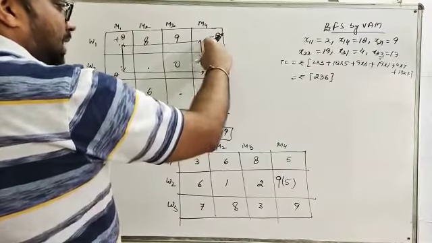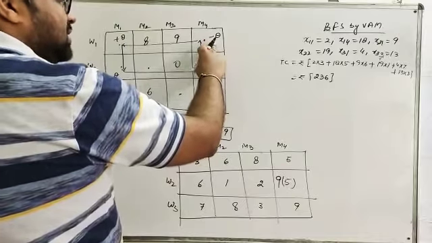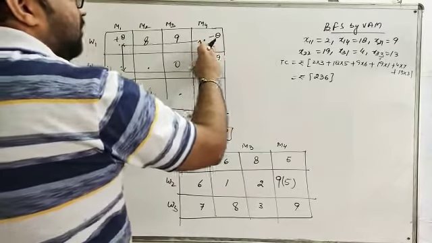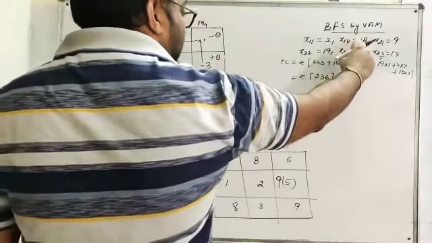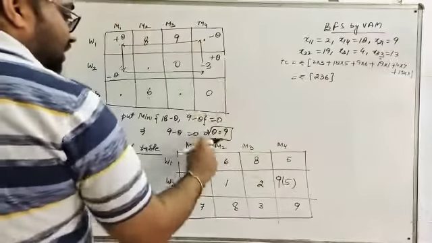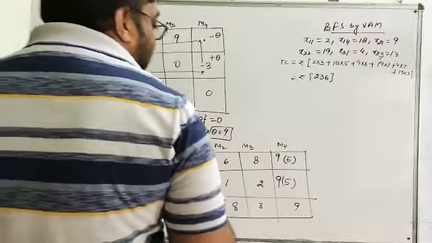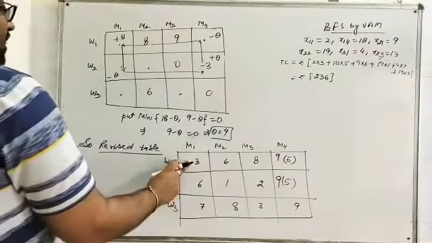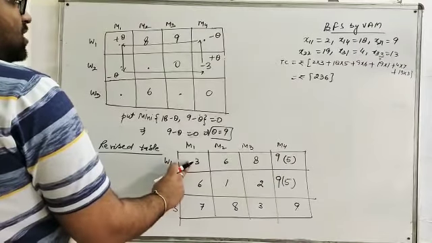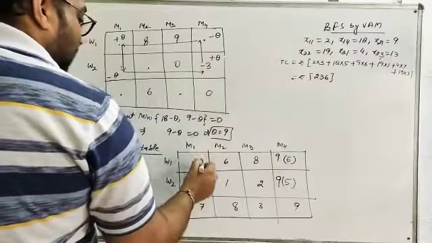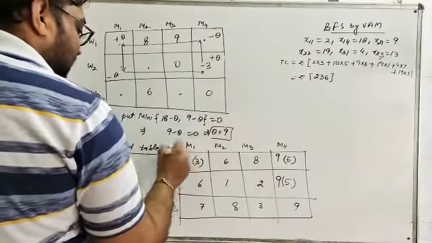This is minus theta, so we have to reduce the entry at this particular point. This is X14, and at X14 the entry was 18, and 18 minus 9 is 9. So put 9 on this particular place. Now this was the plus theta, and at this particular point this is X11, the entry was 2. So we have to put 2 plus 9, that is 11.